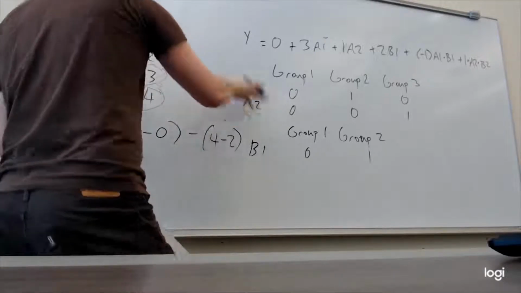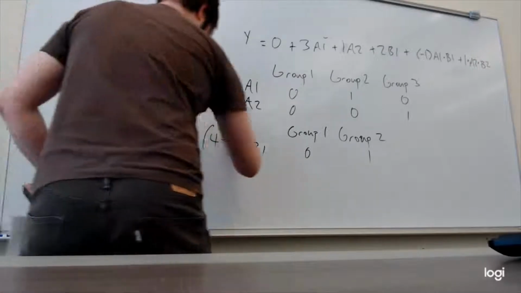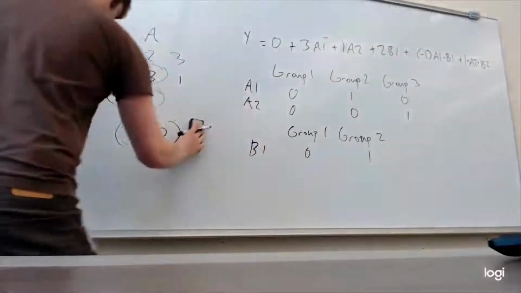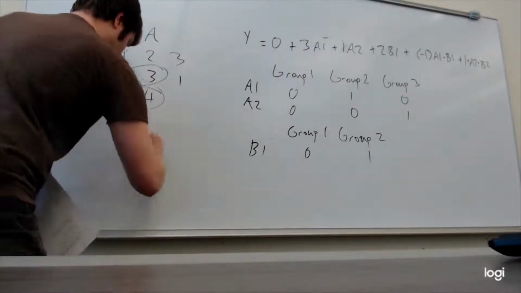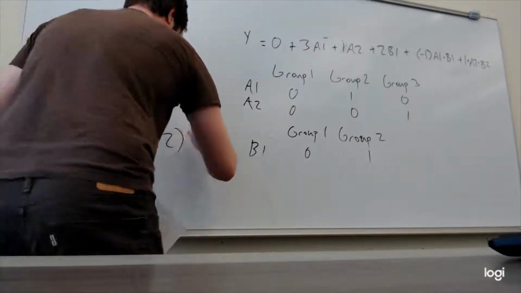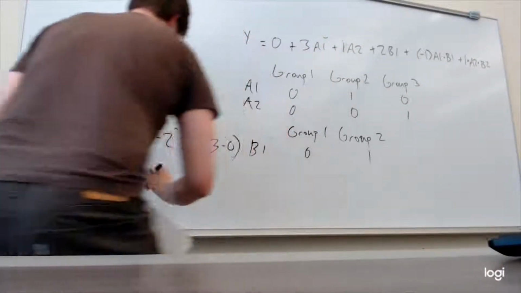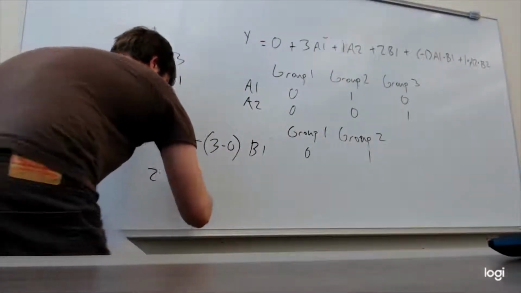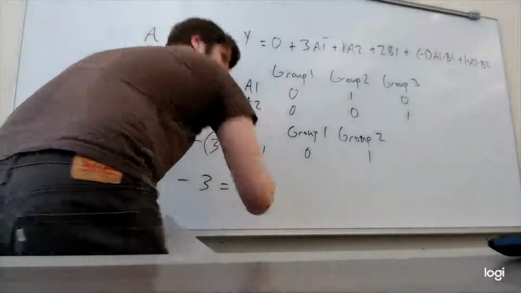I guess it would be these reversed, but I'll do it the right way. It's 4 minus 2 minus 3 minus 0. That would be 2 minus 3, which would be negative 1.